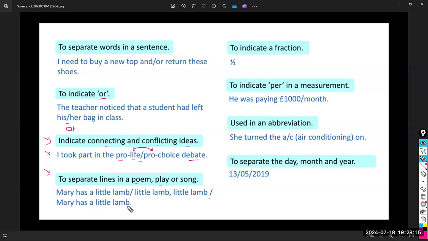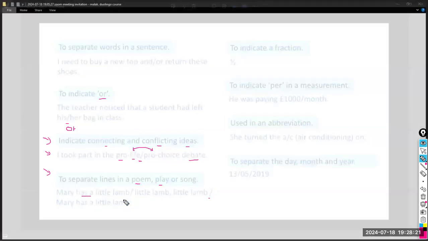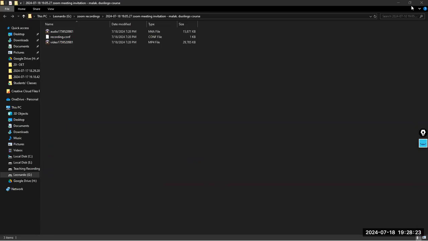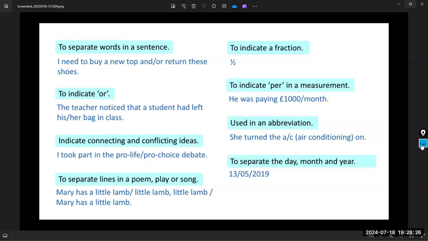Or maybe you can write this verse or this line alone, and the second line, the second stanza, for example, in a new line, above each other, or you can use the slashes.